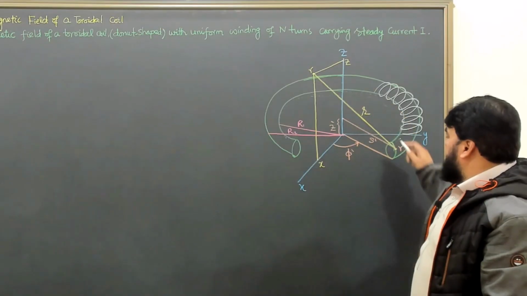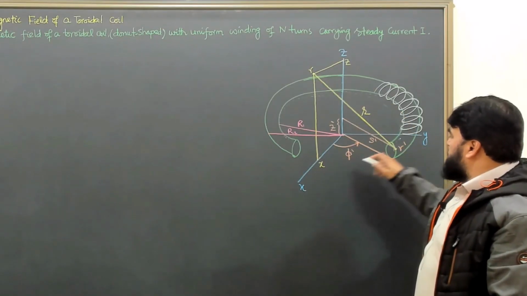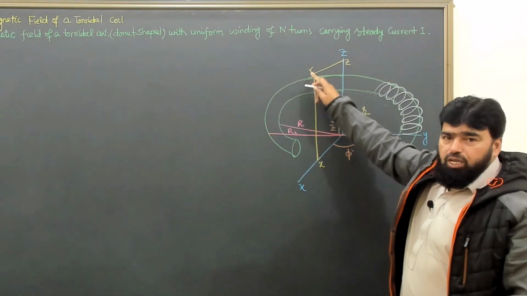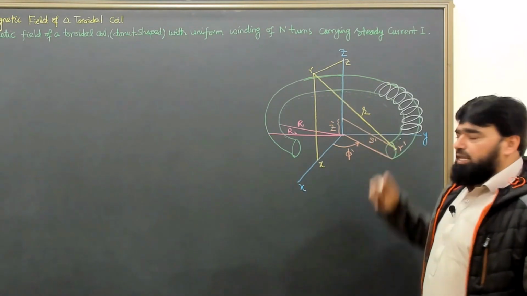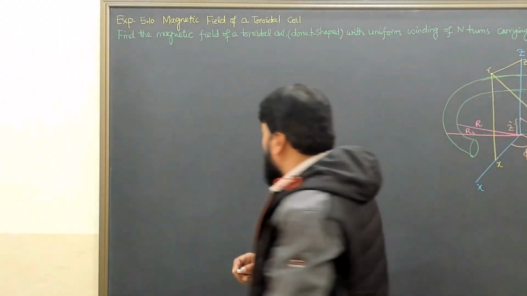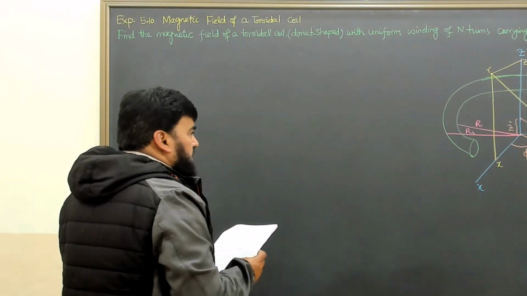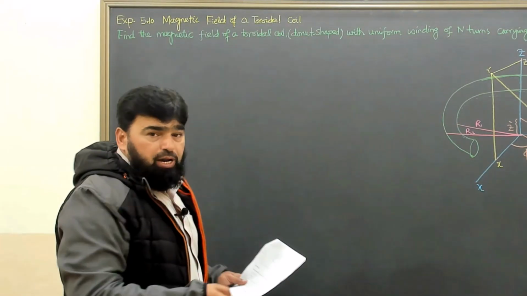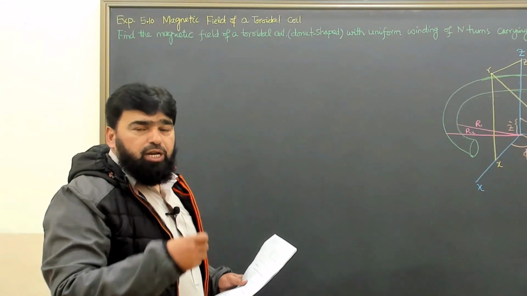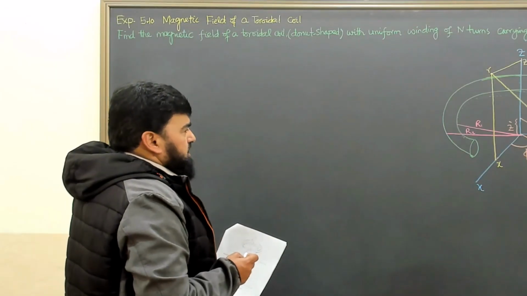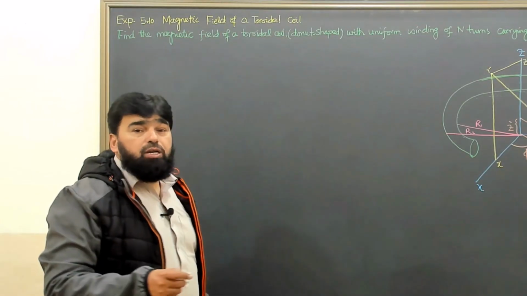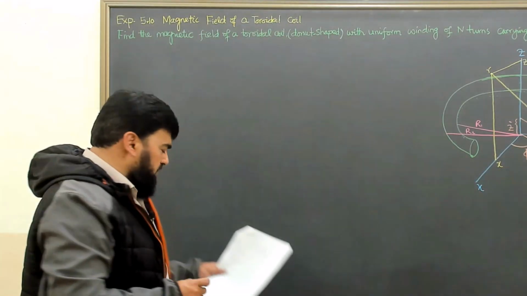So from the source to the observation point, the distance is this tilted R. This is our terminology: R is our observation point, R prime is the source point, and tilted R is basically the distance from the source to the observation point, which we call the separation vector as well.